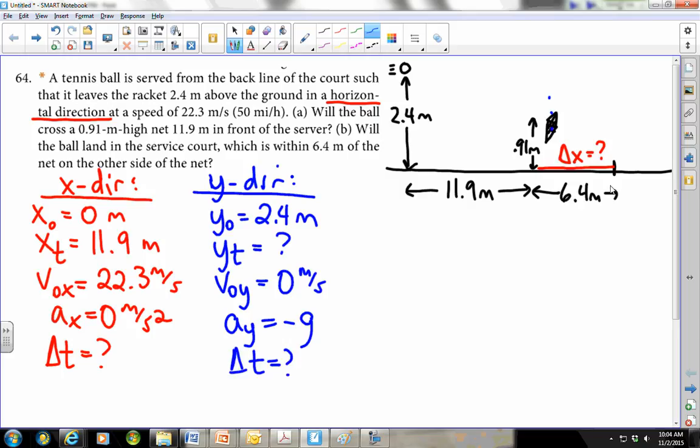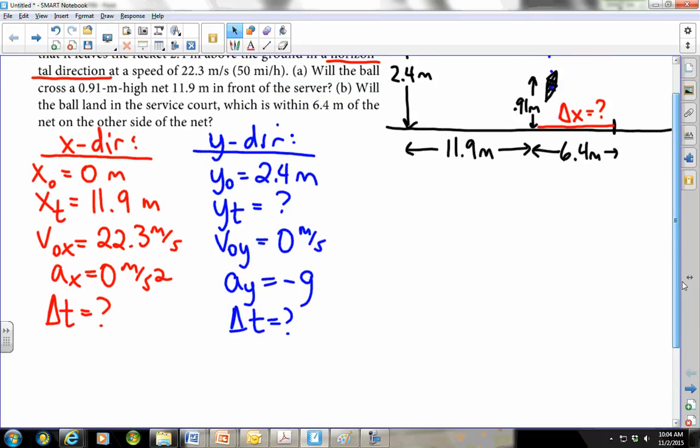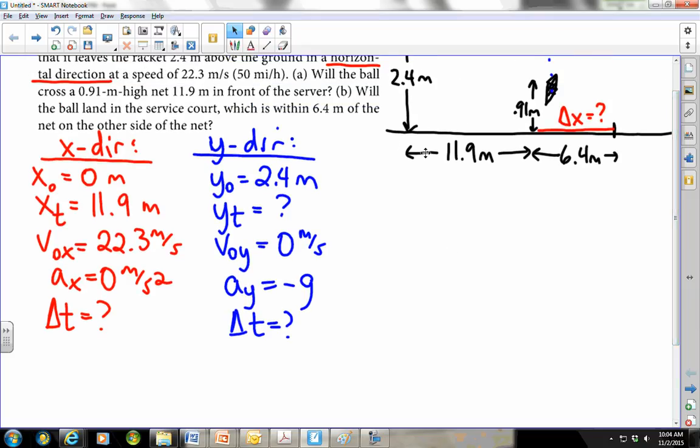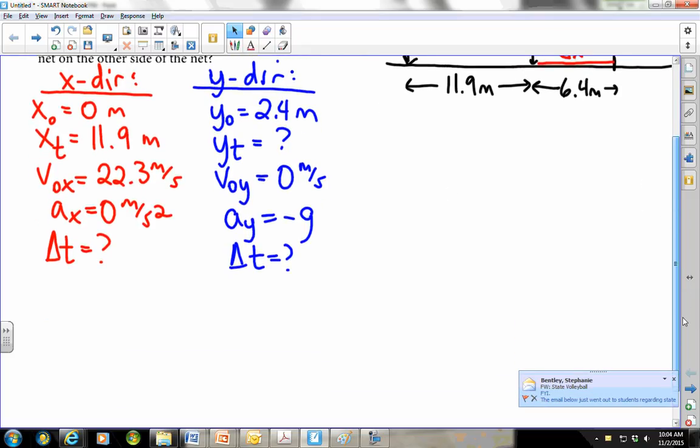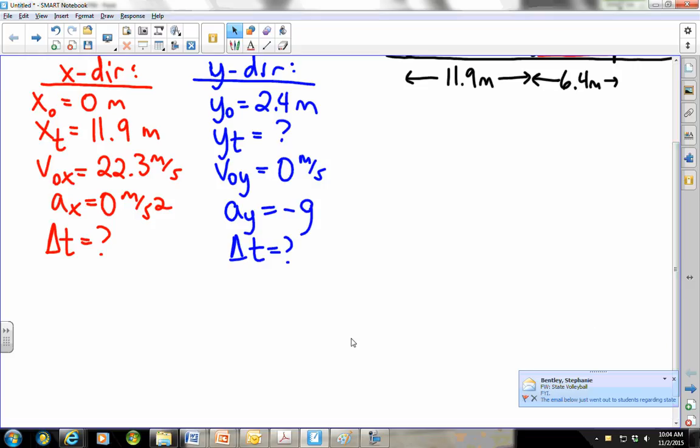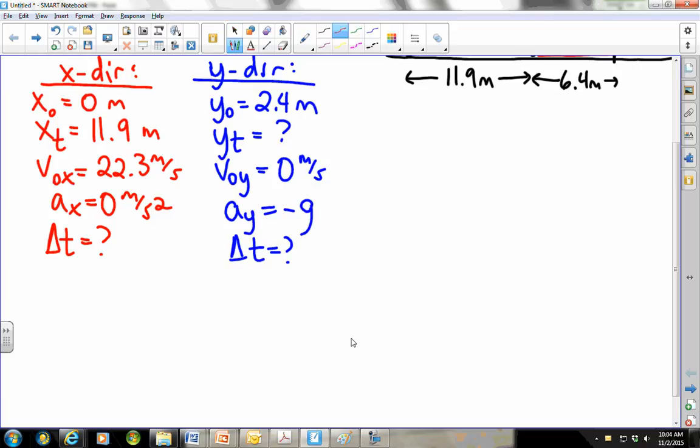So that's going to be the first step. So let's find the time that it would take the ball to go 11.9 meters. Since it's launched with this horizontal velocity, we know how long it'll take to cover this x distance if we just solve a simple formula. So here I'm going to take a little shortcut this time and remind you that the horizontal velocity is not changing, and acceleration is 0.